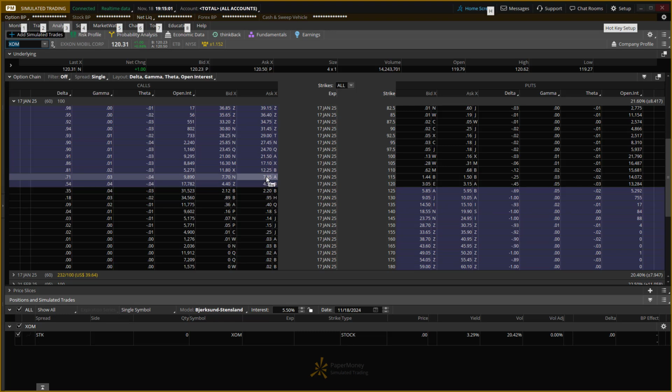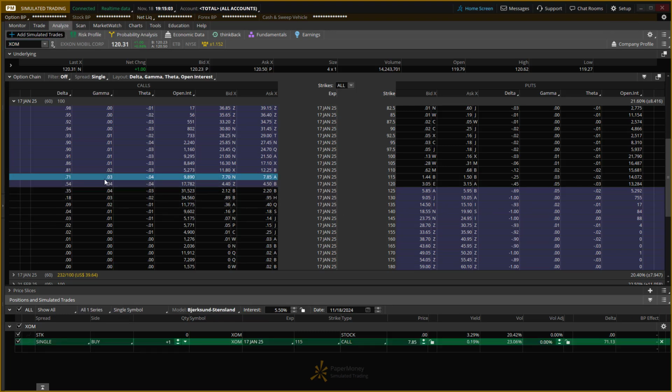So I pick this option up, and I want you to notice in here it's got a gamma of 3, a theta of 4. Okay, the delta is 71. That means this is expiring at 4 cents a day on average.